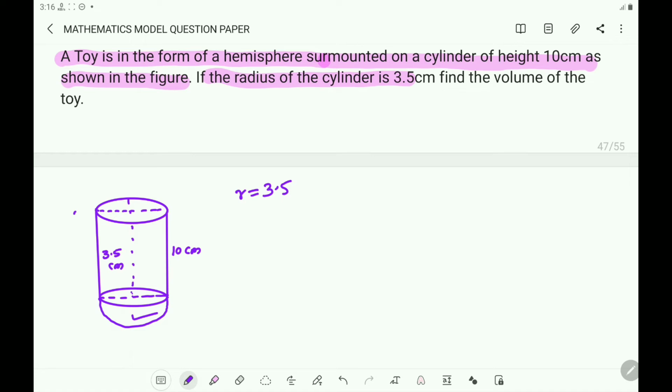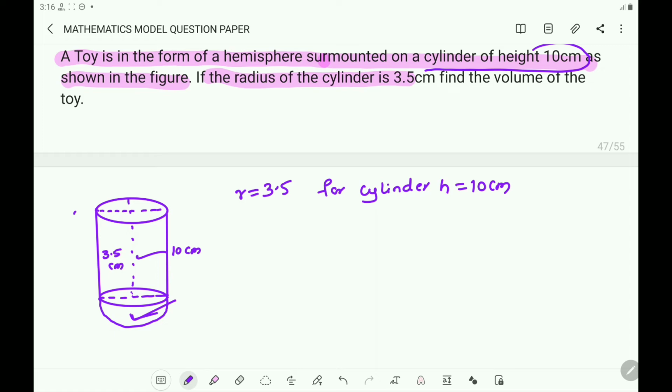And height for the cylinder, H equals 10 centimeter, here cylinder of height 10 centimeter means H of the cylinder is 10 centimeter. Then what is the volume? The volume of the toy is equals to volume of the hemispherical portion plus volume of the cylinder.